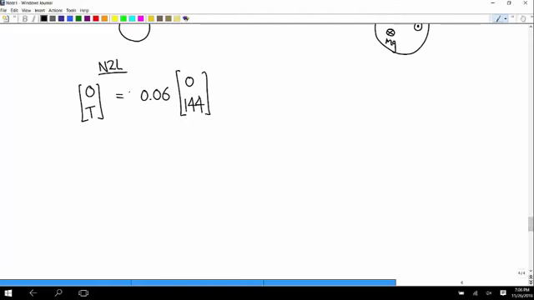The x equation doesn't give anything useful, but the y equation says T is equal to 0.06 times 144, or 8.64 newtons. So you would need a string that can withstand a force of 8.64 newtons, like 2 pounds of force.